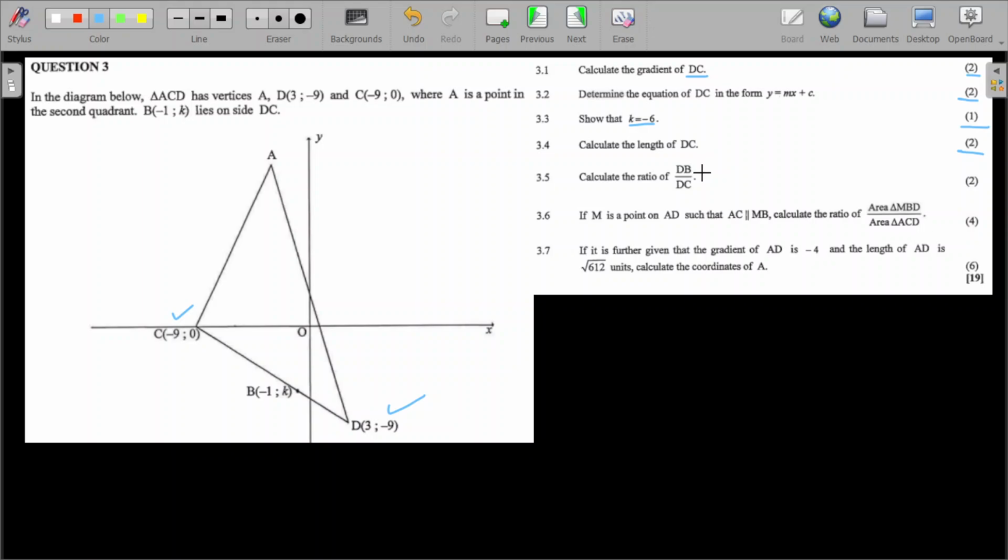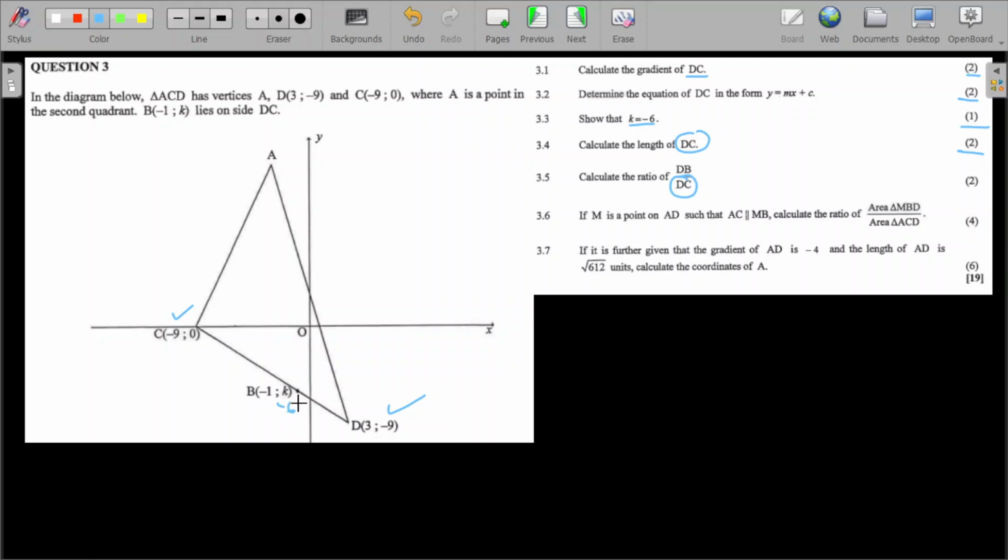And then 3.5, calculate the ratio of DB and DC. Now here we do have this length which is here. So to calculate the ratio, we're gonna need the length of DB. You already have K as -6.